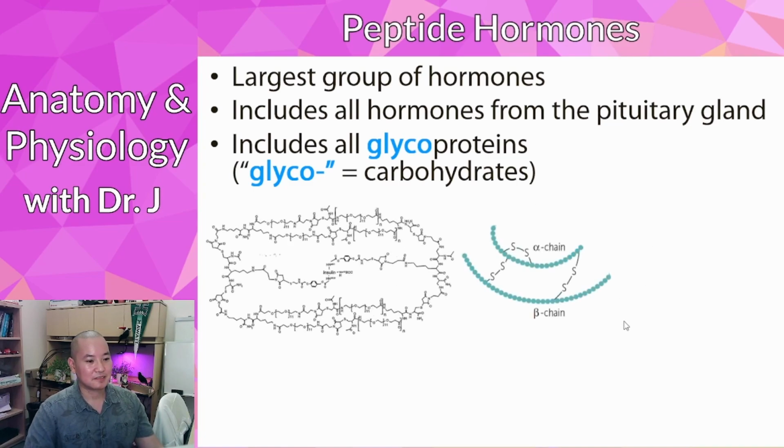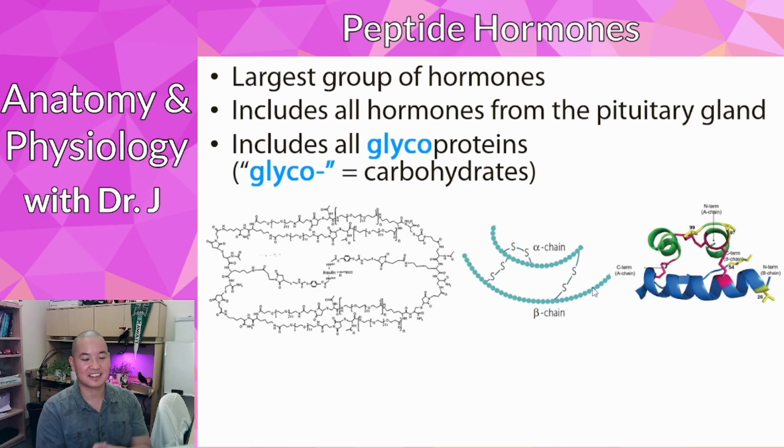All right, so peptide hormones include insulin and all these hormones here. Actually, all these pictures I'm showing you are insulin. This shows insulin using a skeletal structure, showing all the amino acids linked together. When you're drawing these diagrams, people are not going to use this whole chemical structure right here.